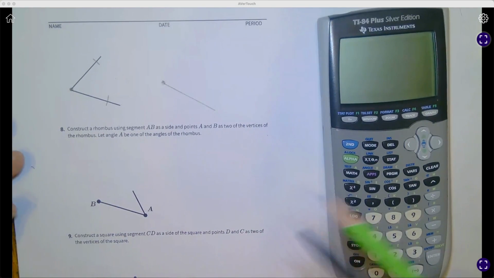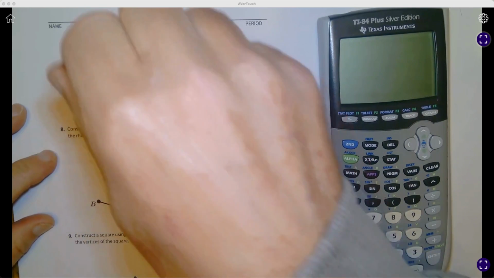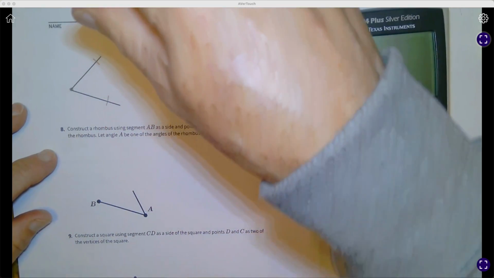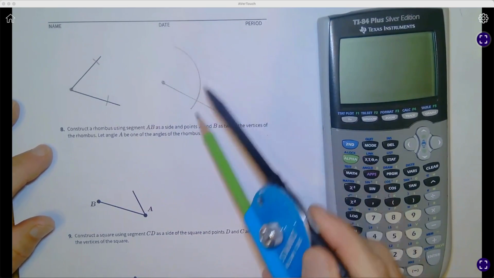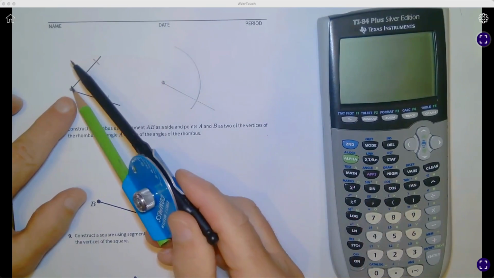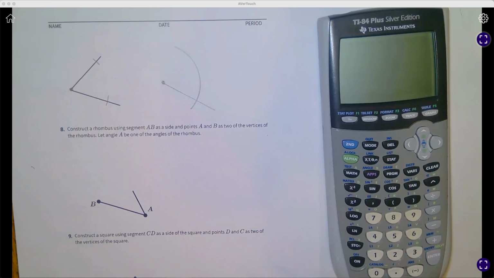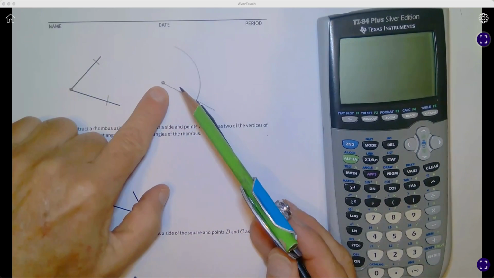Then I'm going to create that same mark. And actually, I'm going to do almost a third of a circle, because I want to make sure that the arc of my circle goes beyond where this segment would be. Okay, now I know that this distance is the same as this distance.